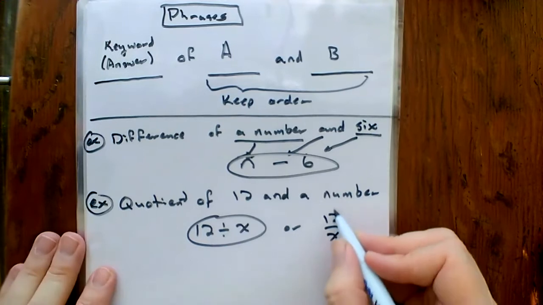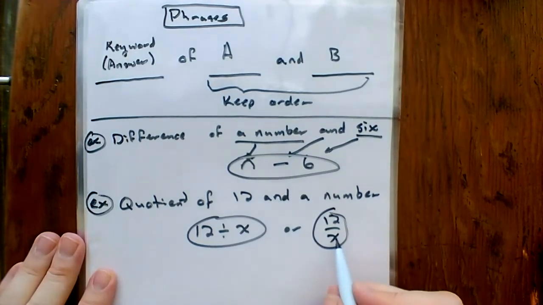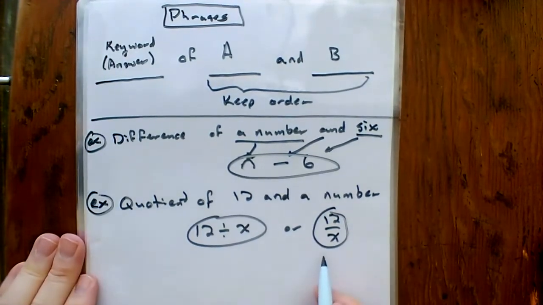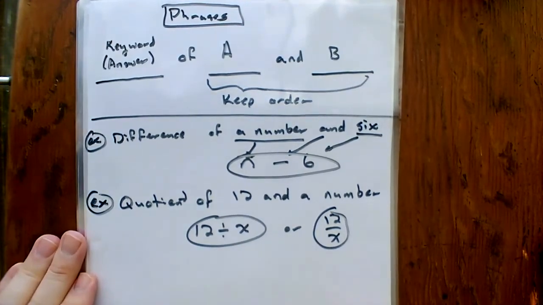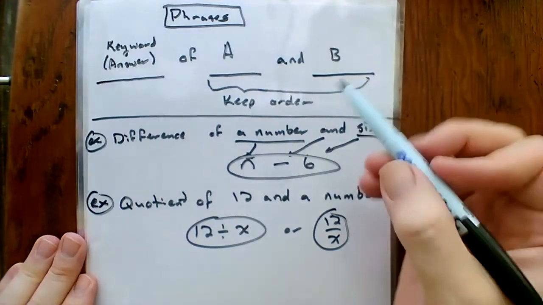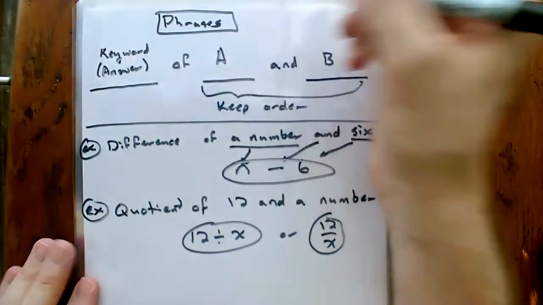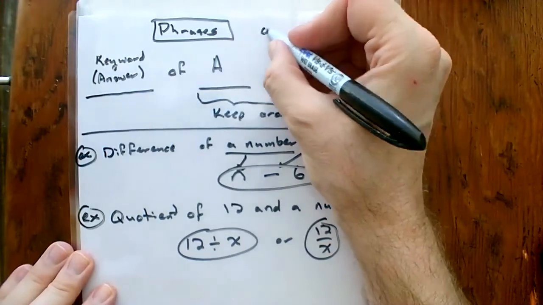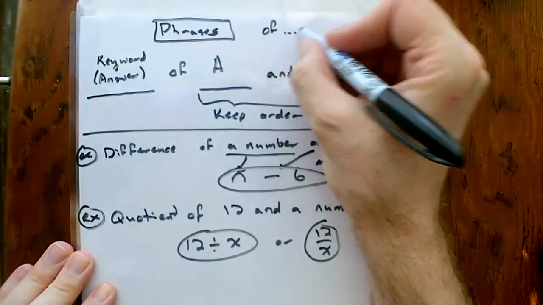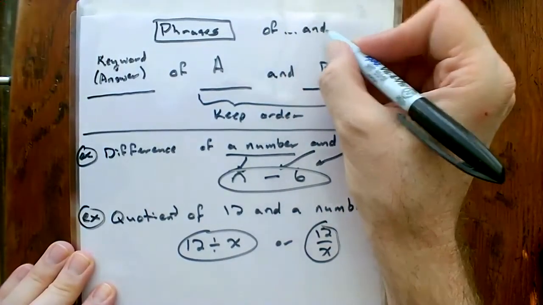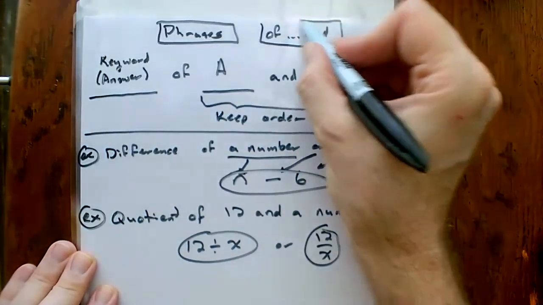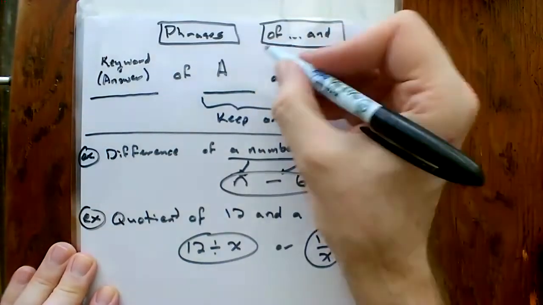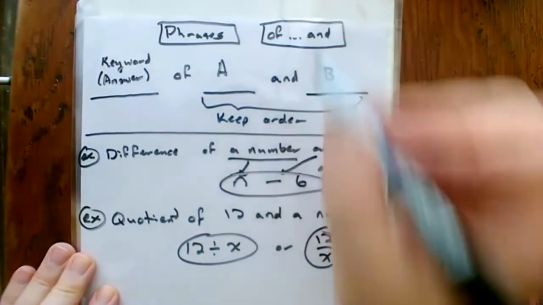It can sometimes happen like that. And remember, all fractions are division problems anyway. So this is one of our first phrases, what I refer to as an "of and". Take a look and see if you see this "of and". That's a good one to look out for.